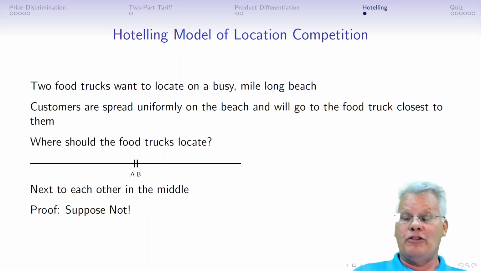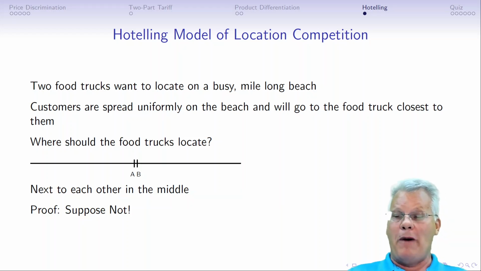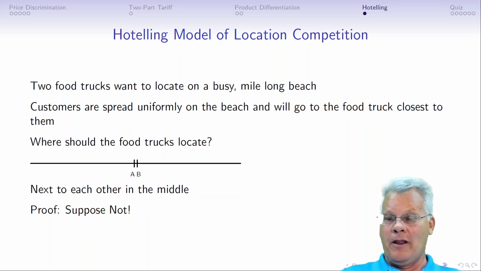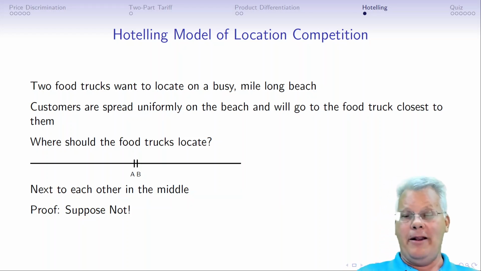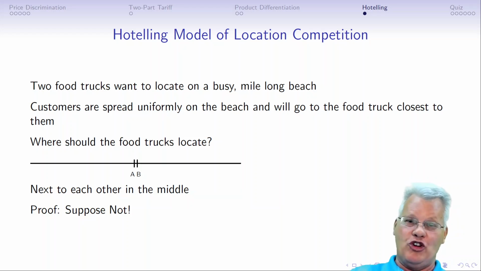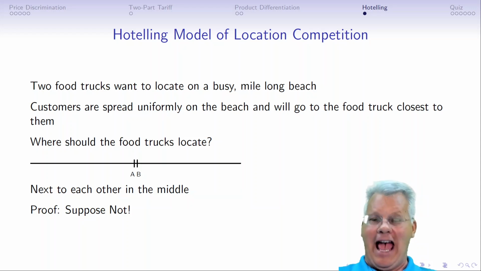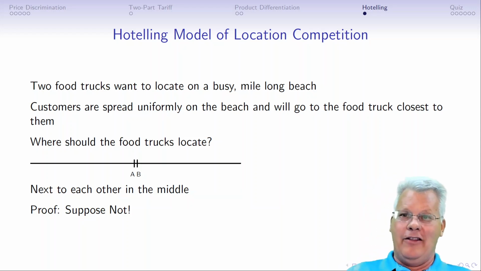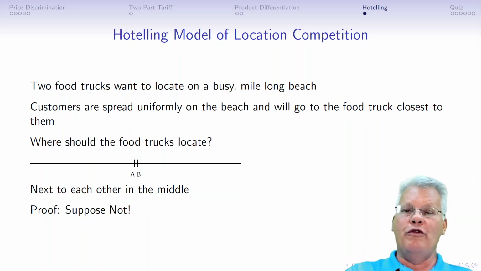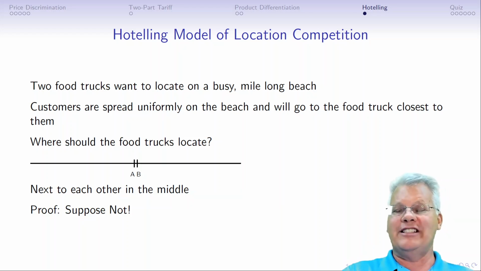Right? So suppose that we have voters that we could measure by ideology from left to right. And suppose that voters are distributed uniformly across this axis, and that voters will vote for the candidate who's closest to their ideology.